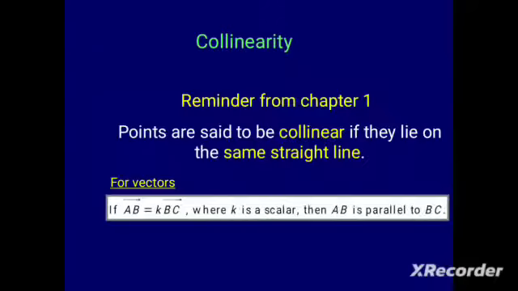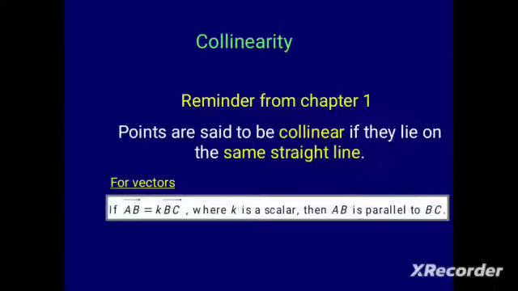Of course, the points that you are given, you change them to vectors. If you are given point A and point B, then we have a vector AB. So if vector AB is equal to k times vector BC, this means the points were A, B, C, so that we get the vectors AB, BC, and AC.